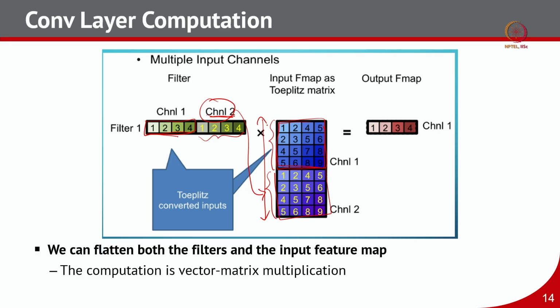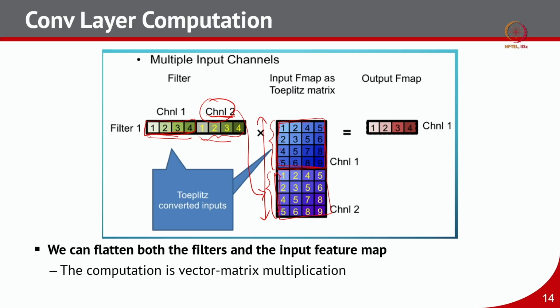So remember, whatever we are getting output from the convolution operation from each channel, they have to be added up to get the final answer or the final result, right. So this 1 2 3 4 will get element wise multiplied with this particular channel of 1 2 4 5, and then again the next channel filter values will get multiplied with the input feature map from the next channel, right.